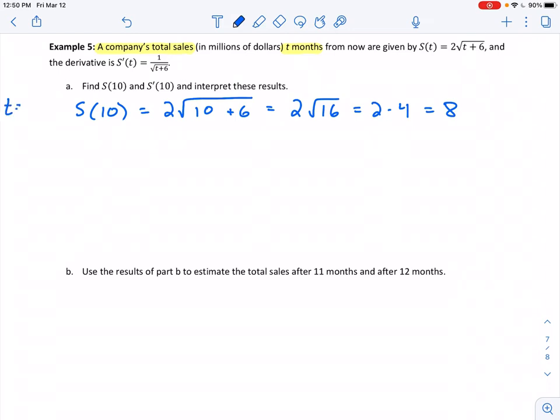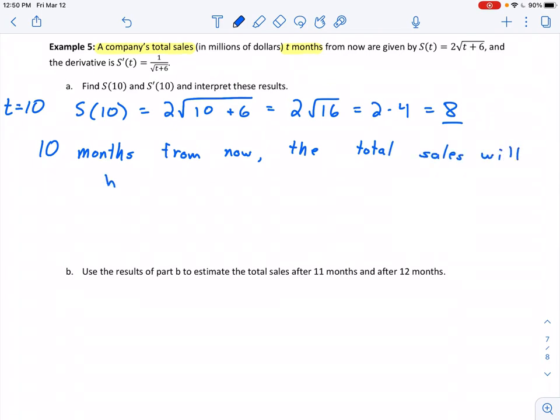So if I wanted to interpret what this number means, I would say 10 months from now, the total sales will be $8 million. And that's it. That's all that this is telling us here. So by our projection right here, 10 months from now, we will have $8 million in sales.